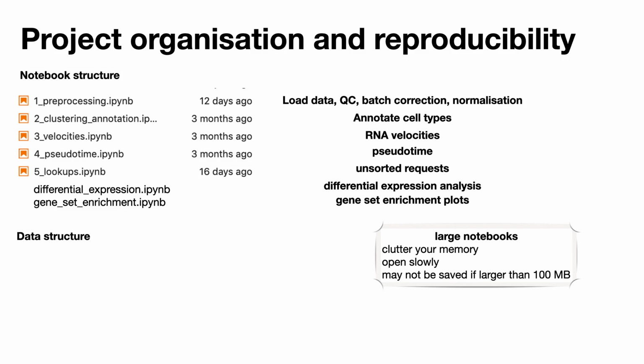So that's a lot of motivation to keep your notebooks small and organized. So once you want to look up something, you don't have to look through 5 different notebooks to find what you're looking for.